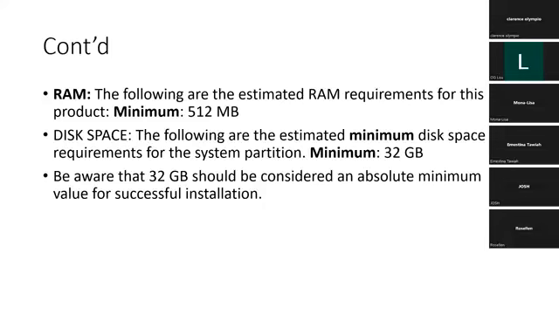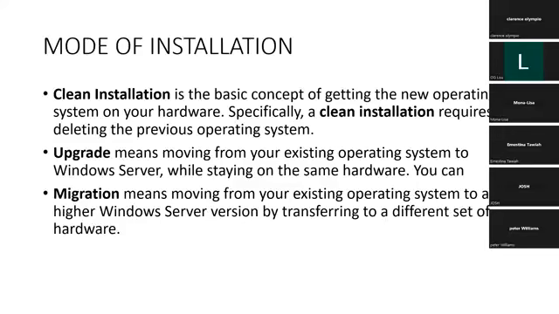Now, when it comes to the installation, you can do a clean installation, you can upgrade, you can migrate also. When we say clean installation, what this means is that you are wiping the hard drive and then you are doing an installation. Upgrade means that you have an older version of the operating system, there's a new version, and then you are upgrading, but you're going to use the same box or the same system or the same hardware.